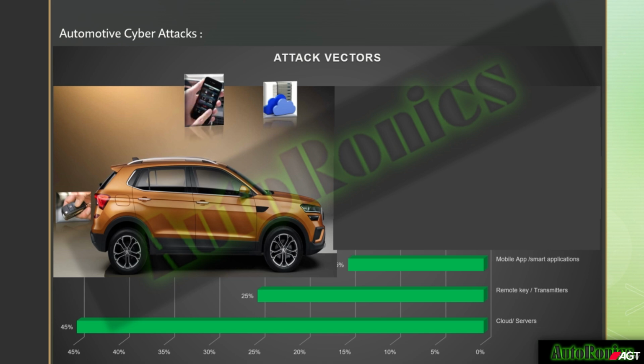Then comes the mobile application or smart applications. Yes, the car is paired with an application for user-friendly features, through which the hacker can enter into the vehicle software and do a lot. When it comes to mobile applications, we should remember that an attack is not only hacking the complete vehicle or stealing the vehicle.